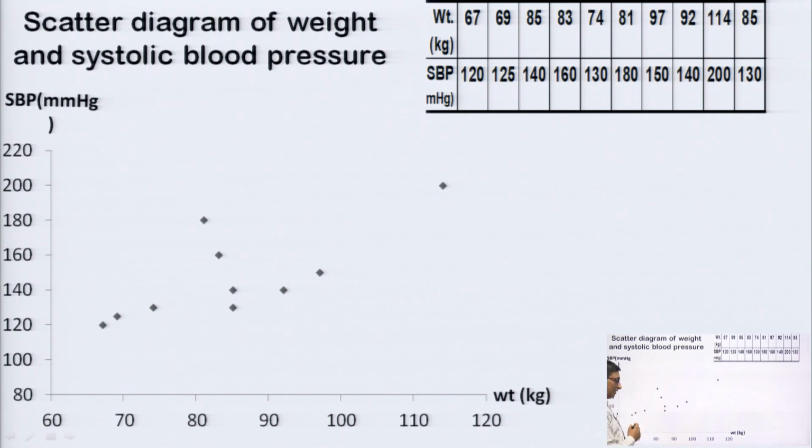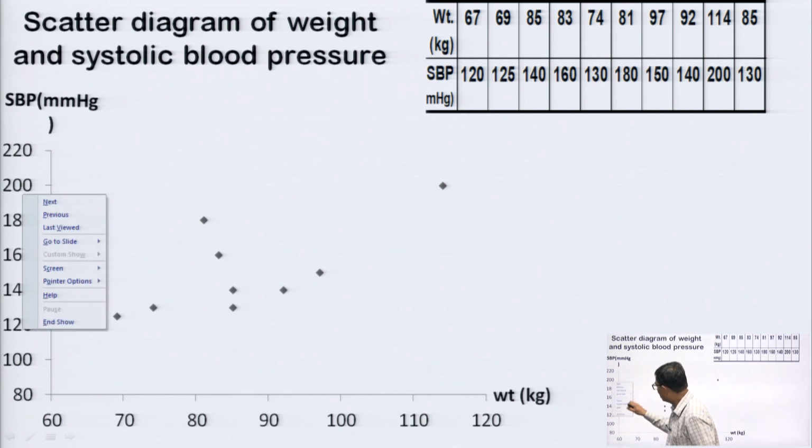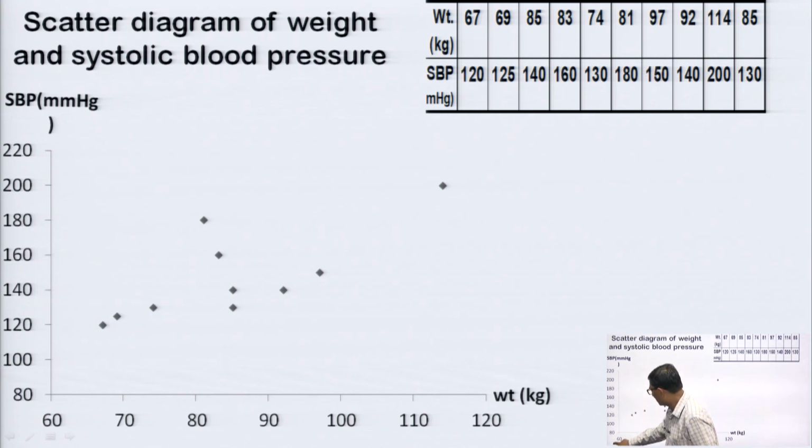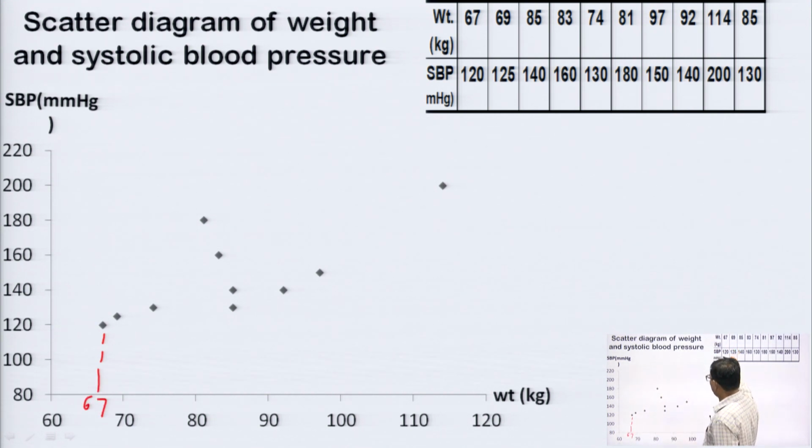So, 67 is here on the x axis and systolic blood pressure 120 is here. If we move like this, this is the point which represents 67 and 120.